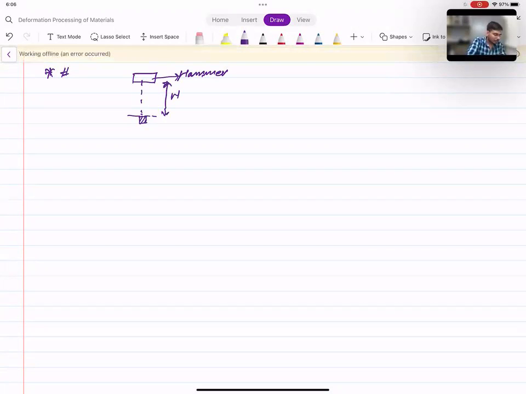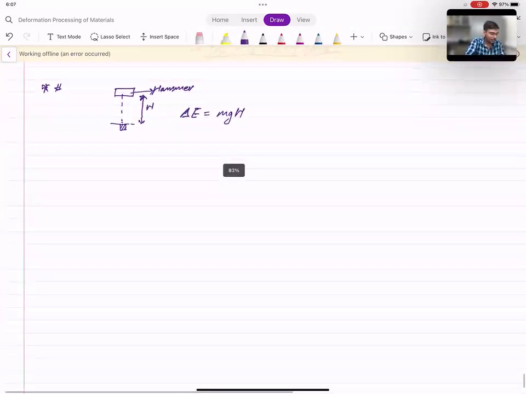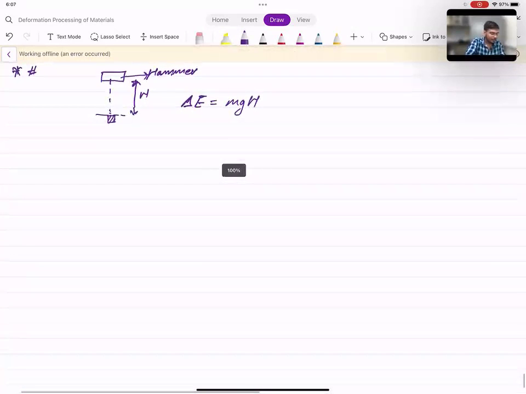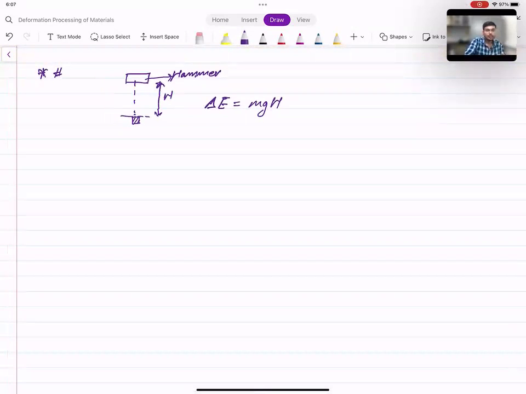So what happens here is the change in energy we have seen, delta E, is nothing but mgh, where h is this height, m is the mass of hammer, and g is the acceleration due to gravity. Say the initial thickness of workpiece is h naught, and after deformation it becomes hf.